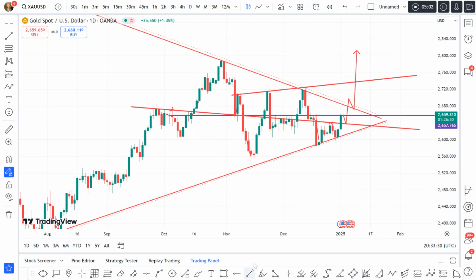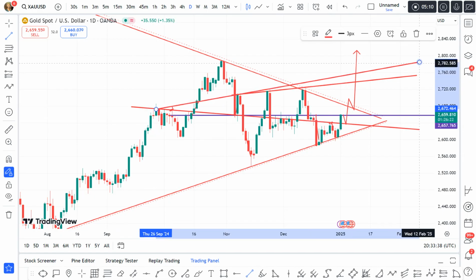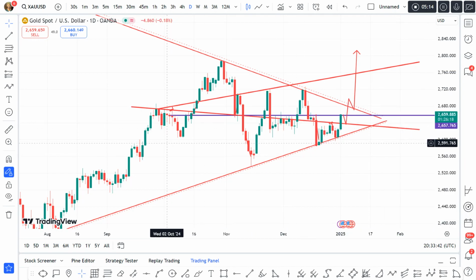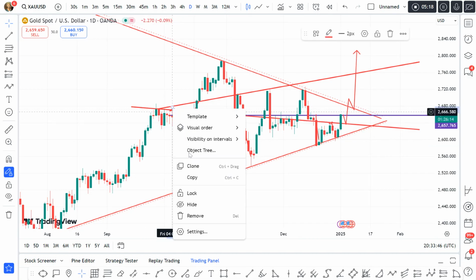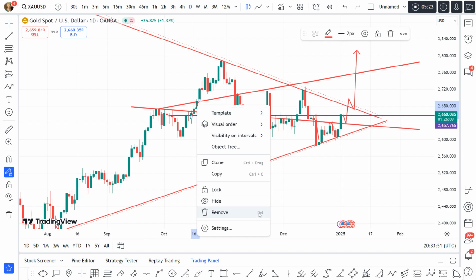Based on what price is doing, if price returns at that level, then most likely we are heading in this direction. I think it will be something like this. This is another main structure.